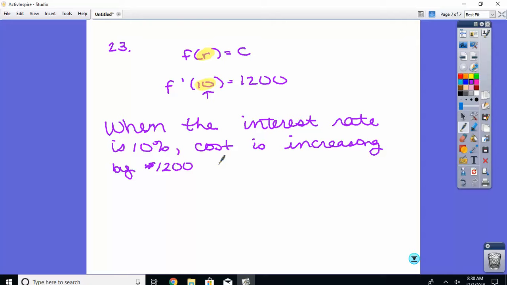We were measuring this as R% per year, so it'd be $1,200 per year. So it does not tell me what the actual cost is. It just tells me what's happening to the cost. So if we're at an interest rate of 10%, then I would expect the next year the cost to go up by $1,200.